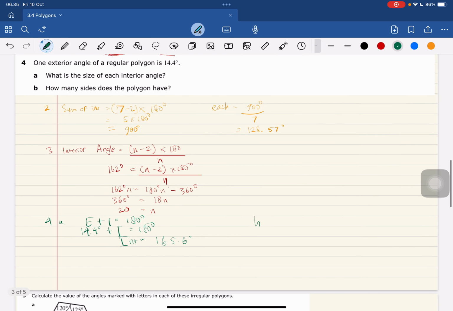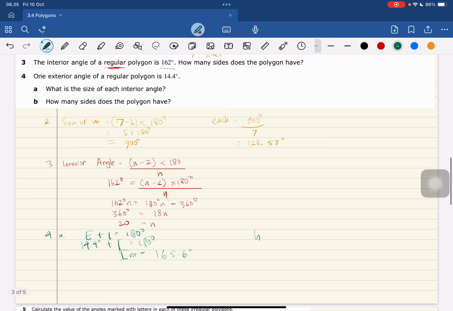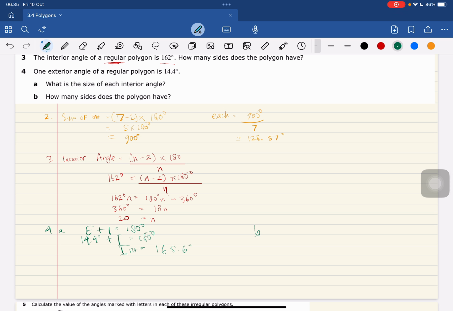Now B, how many sides does the polygon have? This is the general rule for the sum of exterior angles. You don't have to remember the proof, but for any convex polygon the exterior angles add up to 360 degrees.